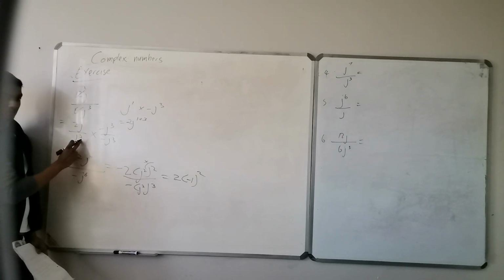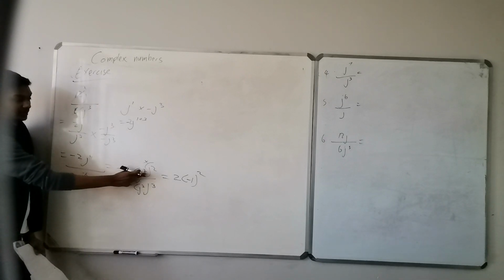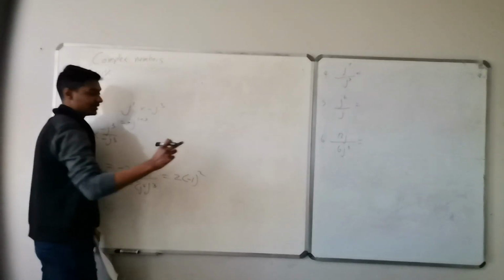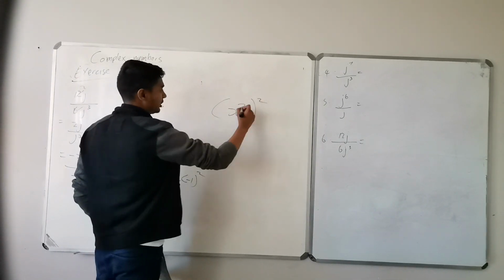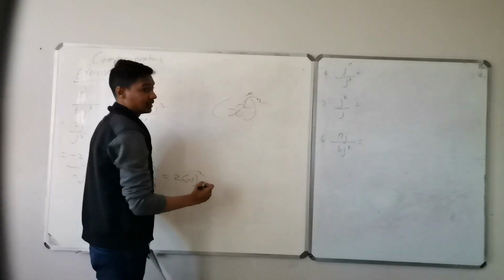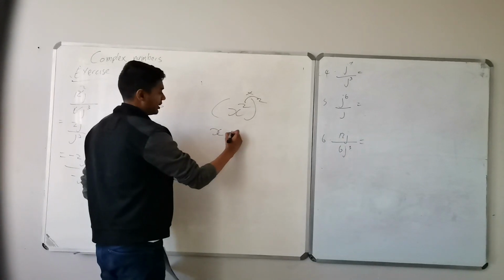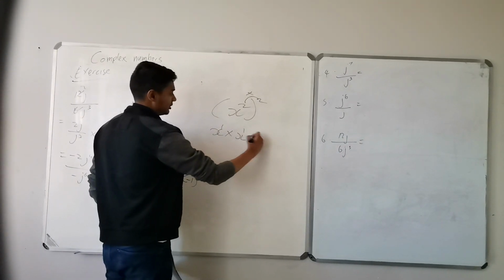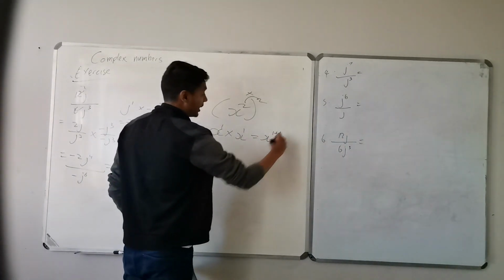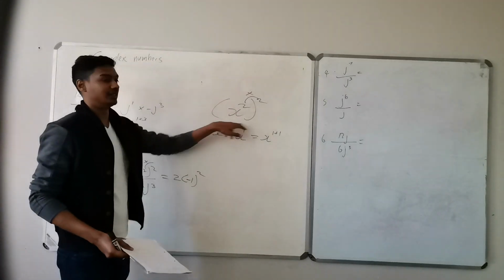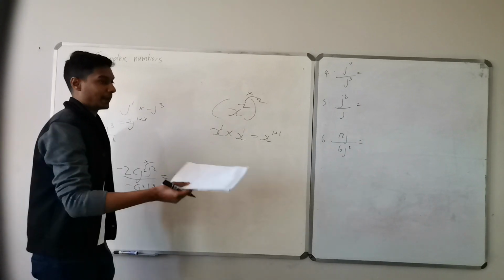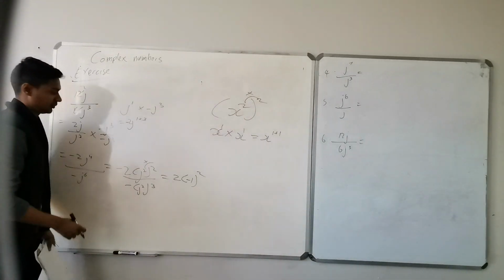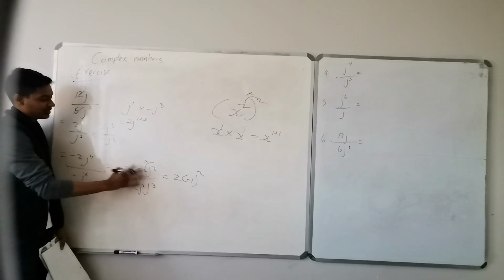Because of the bracket. When you open the brackets, you multiply, only when it's in a bracket. If we have x squared here, this we multiply. If we have x times x, this we add. The brackets are a different rule compared to multiplication. You understand it? It's just straightforward.